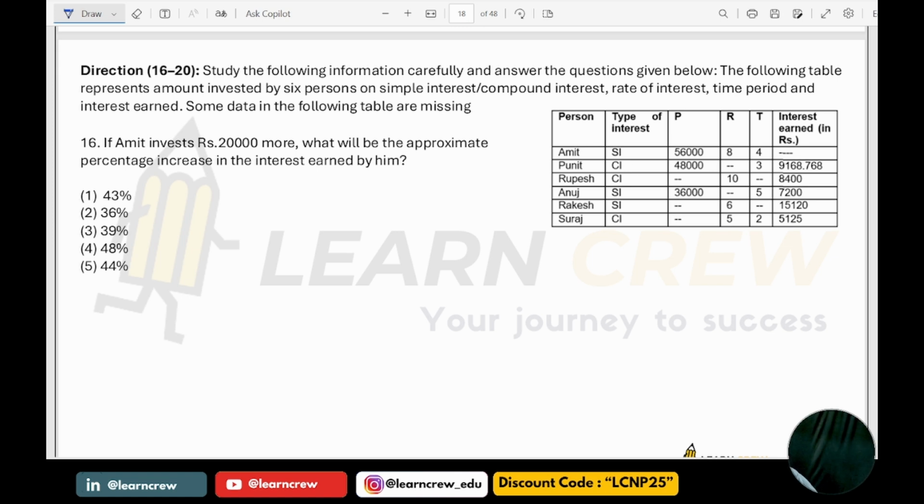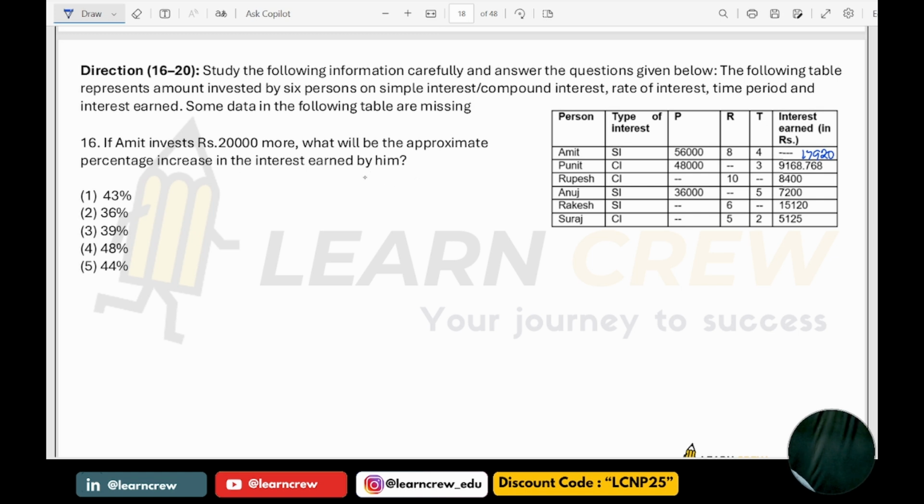The rate of interest is 8% and the time period is 4 years. So on 56,000 rupees, 32% will be the total interest, which is 17,920. Then he invested 20,000 rupees more.